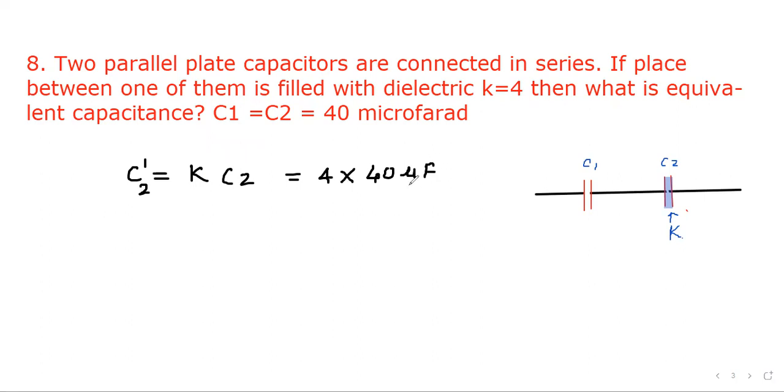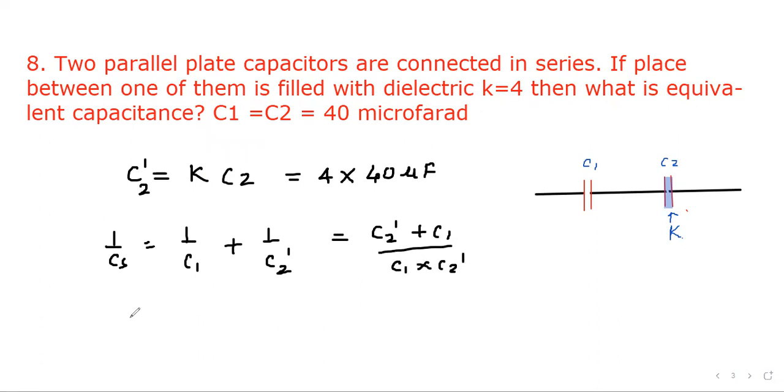Now, the two capacitances are connected in series. So we find 1 upon Cs equal to 1 upon C1 plus 1 upon C2 dash. So this gives (C2 dash plus C1) divided by C1 into C2 dash, or Cs equal to C1 C2 dash divided by C2 dash plus C1.